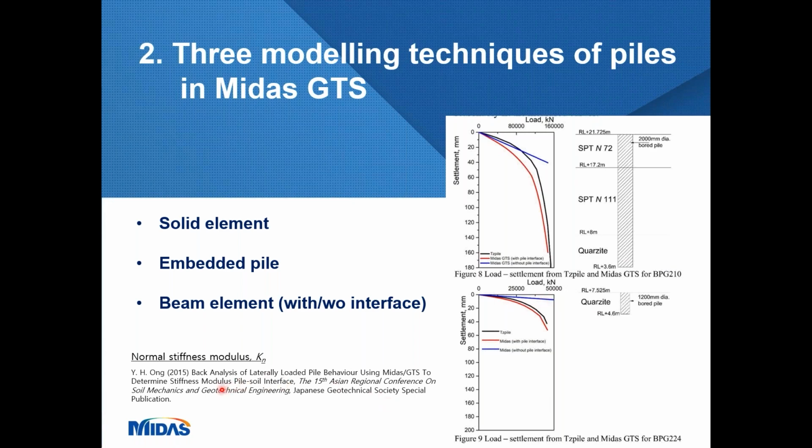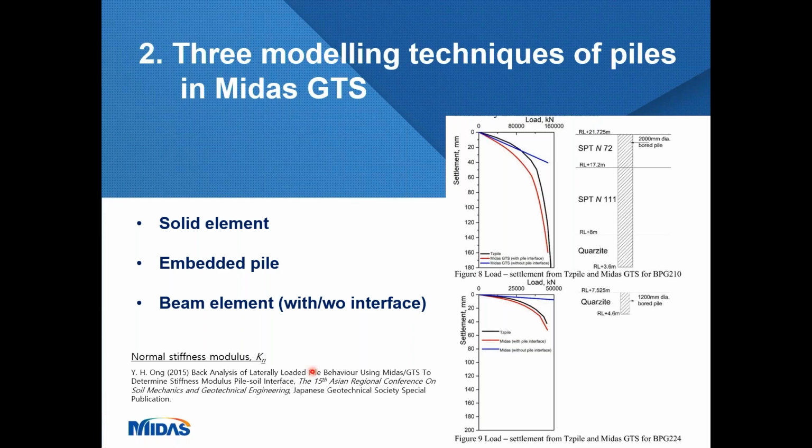Okay. Another parameter for the pile interface is the normal stiffness modulus, Kn. The Kn is the spring constant for the pile in the normal direction to the soil. The lateral pile response is sensitive to the Kn value. If you input a low Kn value, the pile response will be softer than what it should be.